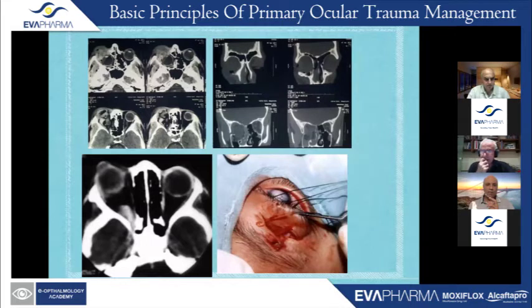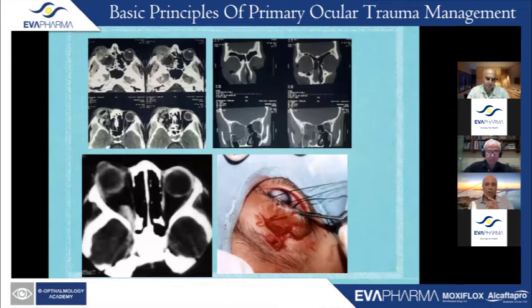This patient, for example, you can see here fracture not only of the medial wall but also the floor. So when you do the CT, always ask for axial scan, coronal scan, and take a thorough look at every cut, because sometimes in one cut only you can find, as you can see in this patient, a foreign body deep into the orbit.